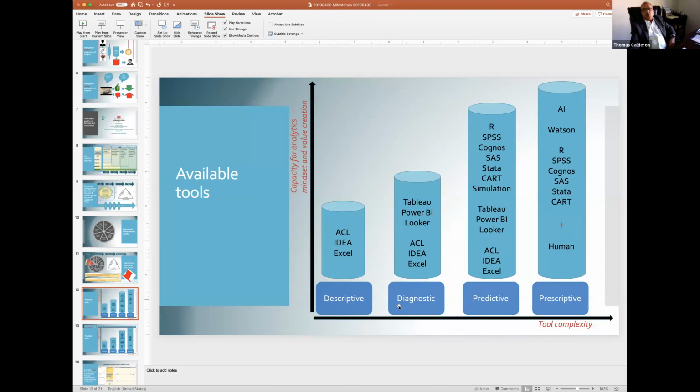There are several tools that we might use, and these tools are widely available. For descriptive analytics, many have used ACL, IDEA, and Microsoft Excel. These tools are available. Most accountants use at least a couple of these tools. For diagnostic, we could continue to use ACL, IDEA, and Excel, but we could go to tools like Tableau, Power BI, and Looker.